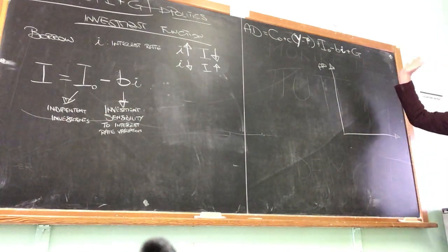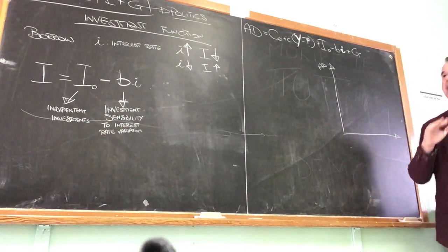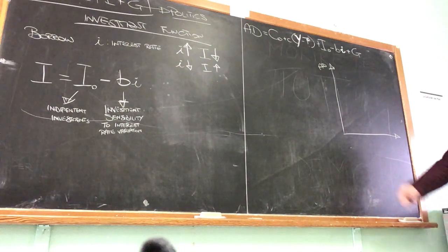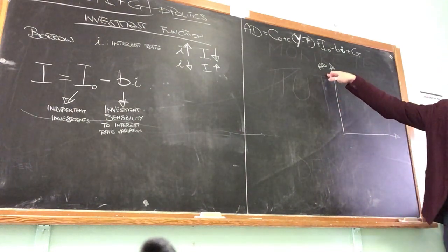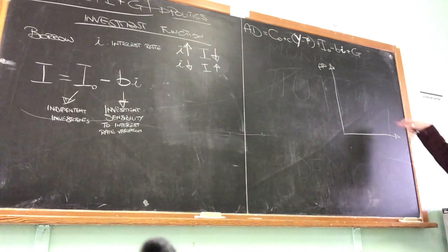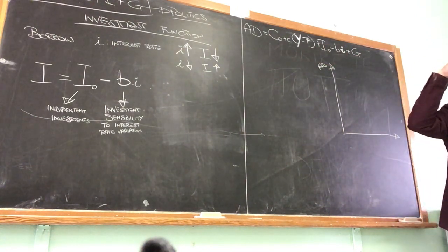Government expenditure has no parameters. We said it's a data because it depends on politics. So we have a big problem here. Because we have for sure aggregate demand here. But on the x-axis, we don't know what to put. We have 3 variables.